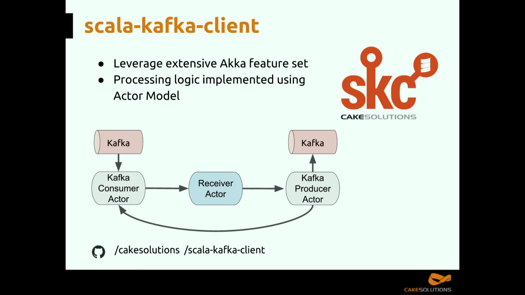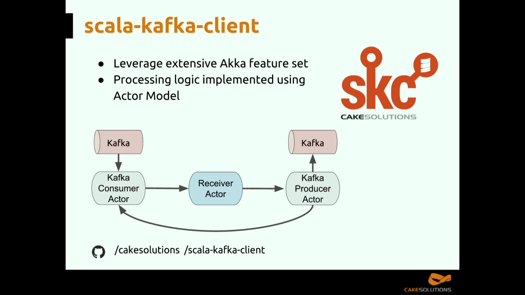Right. To interact with Kafka, we provide two key actor components, the Kafka consumer actor and the Kafka producer actor, which take care of the complexities of consuming and producing to Kafka. These components can then be wired up to your own custom processing components through actor messaging. So even though you're using Akka, you can still build your own processing logic in pretty much any other way.